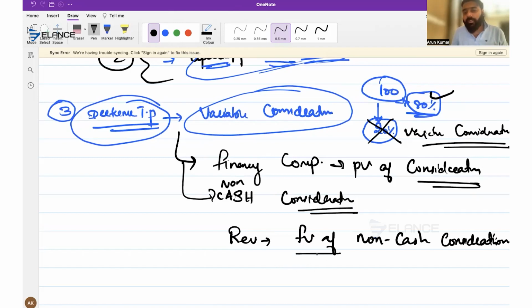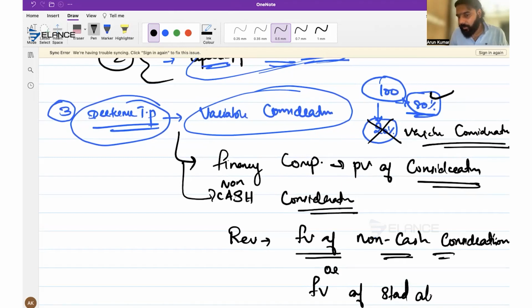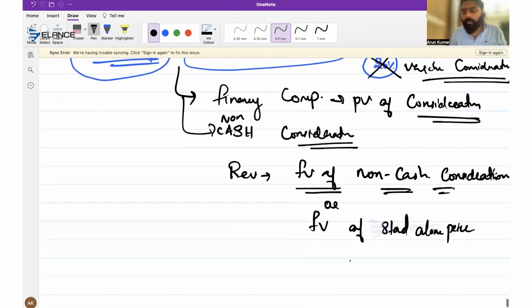Suppose the fair value of that non-cash consideration is not determinable, we cannot determine the fair value of that non-cash item received. In that scenario, we'll measure the revenue according to the fair value of the standalone price of our product or service that is transferred.